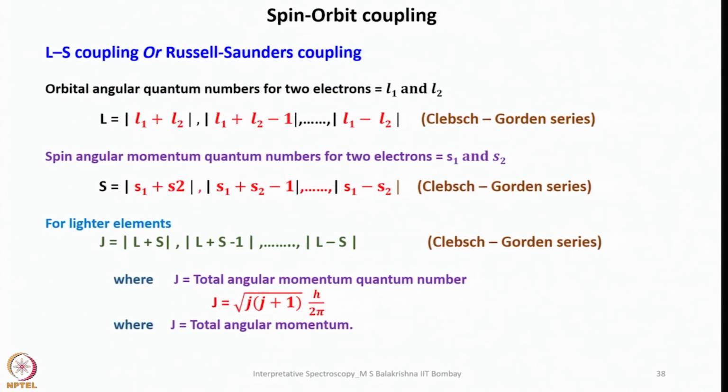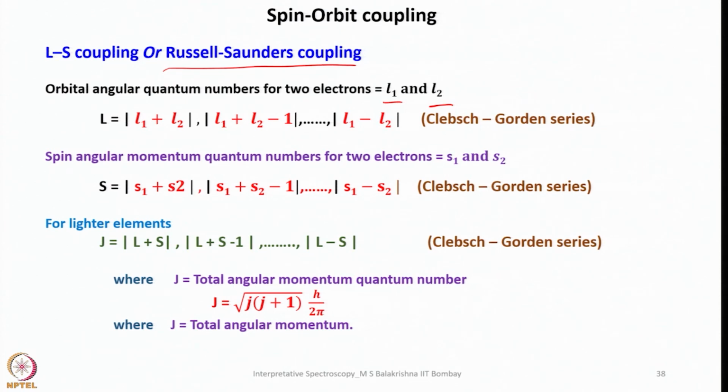So now let's look at spin-orbit coupling together. LS coupling is also called Russell-Saunders coupling. Here, if we consider the orbital angular momentum quantum numbers for two electrons, say L1 and L2, from the Clebsch-Gordan series we have L1 plus L2, L1 plus L2 minus 1, continuing down to L1 minus L2.